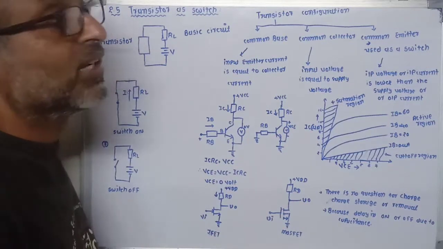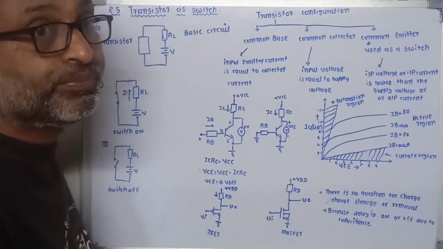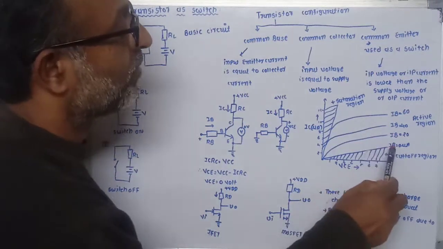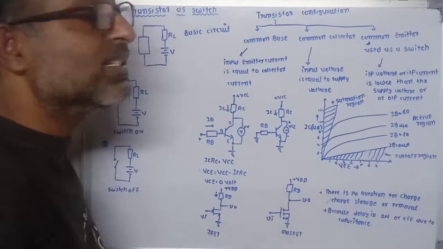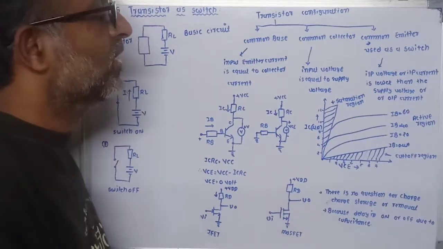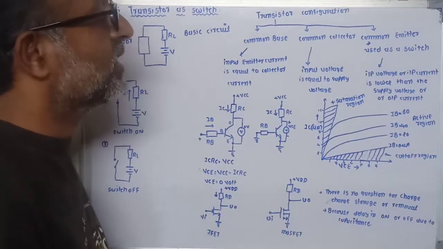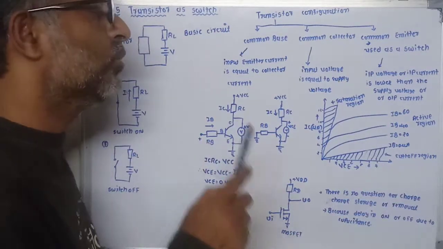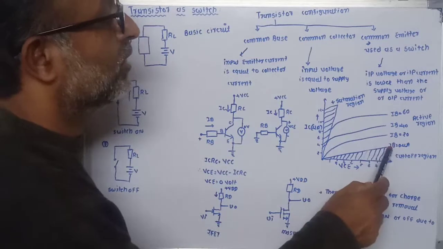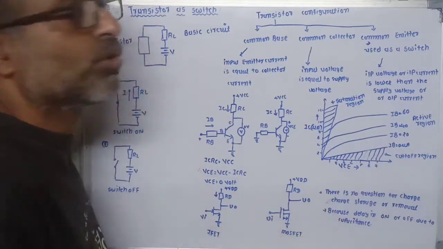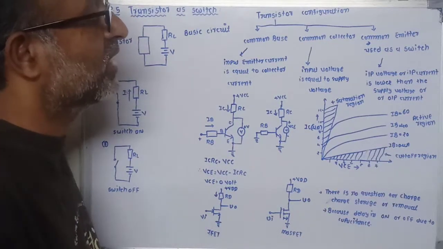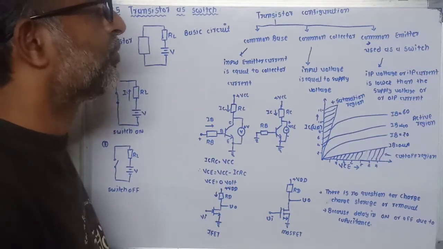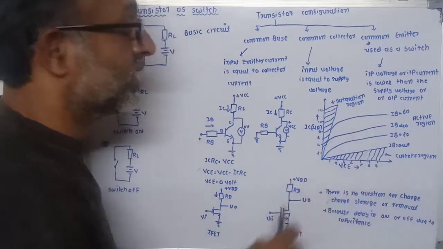So in this case, our transistor operates in the off condition or cutoff region. Now the value of IB is equal to 0 and IC is equal to ICO. Then this transistor operates in the cutoff region. The characteristics below base current 0 are called the cutoff region, or you can say the transistor is in the off condition. So this is the characteristic.